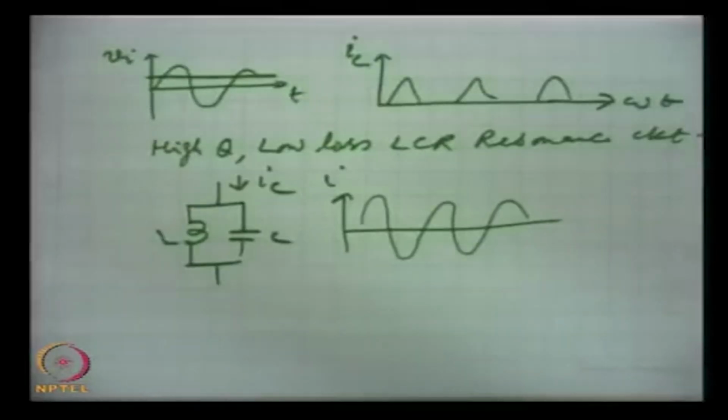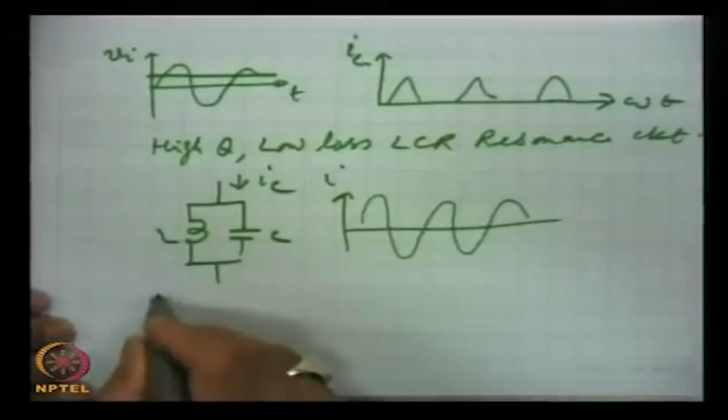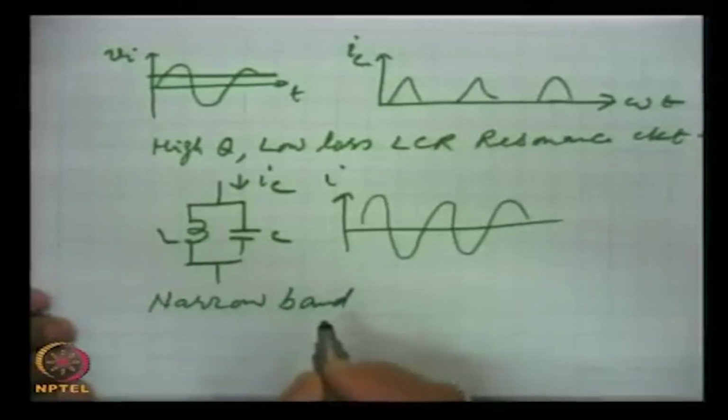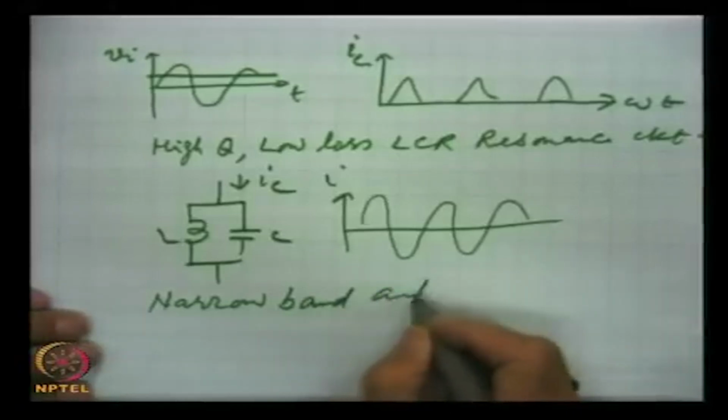For class A amplifier 25%, class B amplifiers more than 75%, and for class C amplifiers this is in excess of 95%. So, this is a big consideration, but there is a limitation. Class C amplifiers will be tuned narrow band amplifiers.